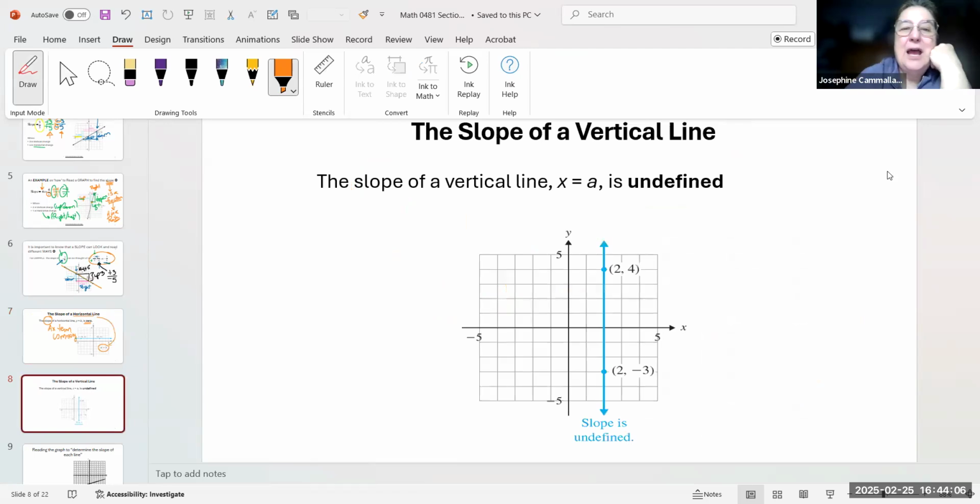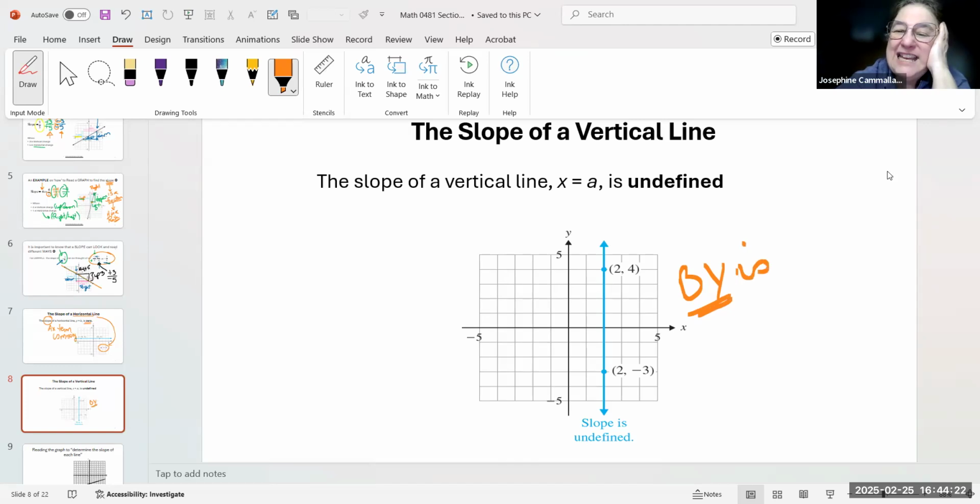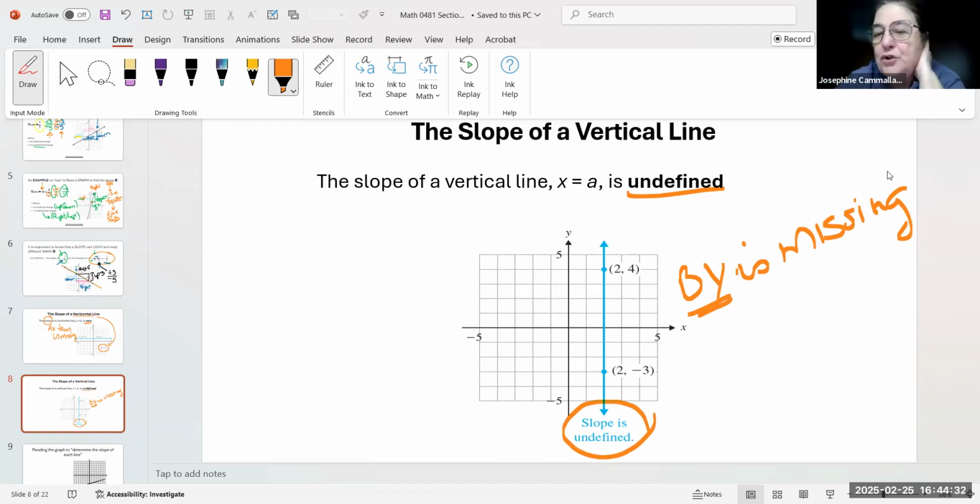Now, my vertical line, okay, this is BY missing. BY is missing. Now, this is where you got to be careful. The slope is undefined. Do not tell me the word impossible.